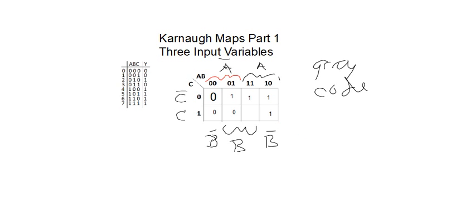This is my 6, my next to the bottom row in the truth table. And then my last one, of course, is 7. That messed up, so let's do that again.